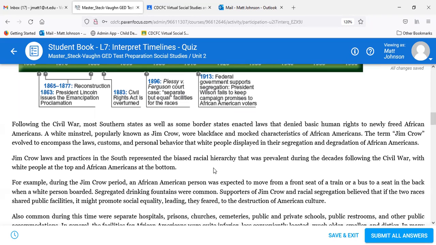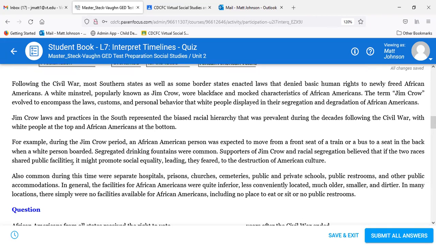For example, during Jim Crow's period, an African American person was expected to move from a front seat on a train or a bus to a seat in the back.